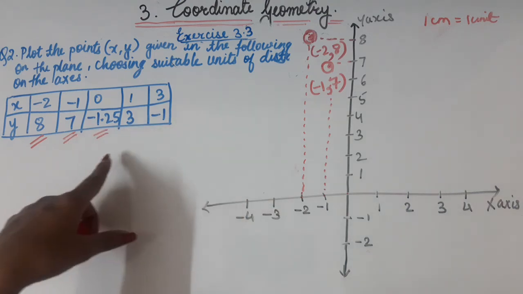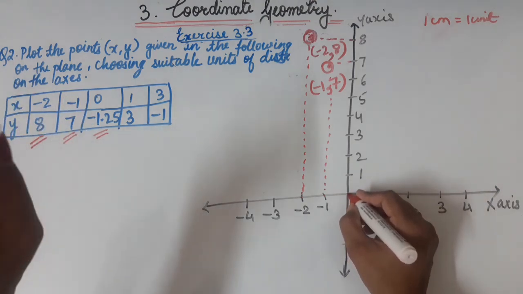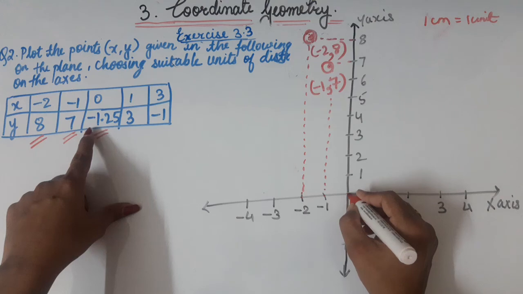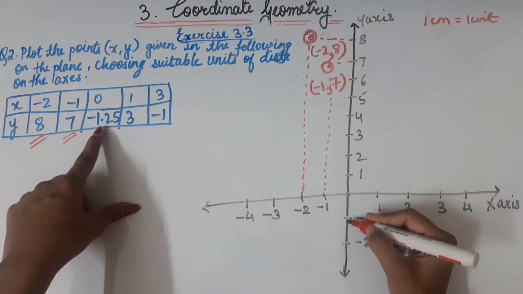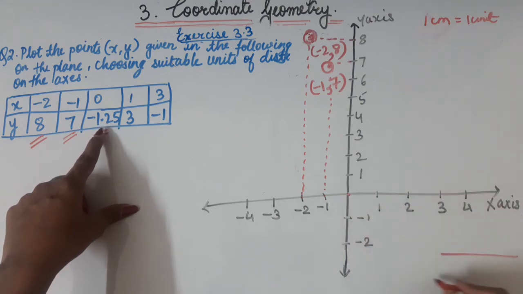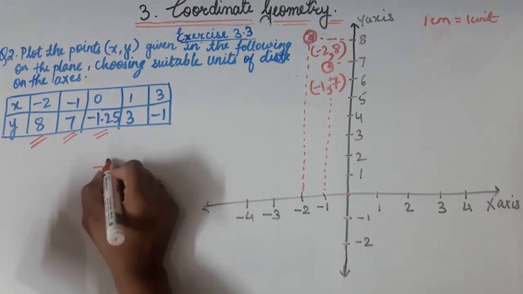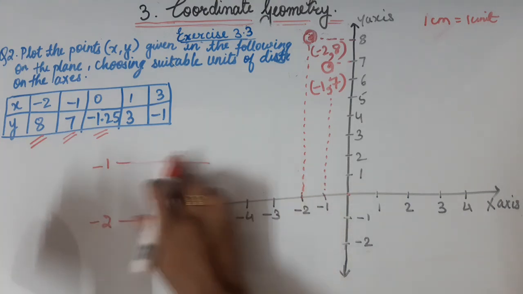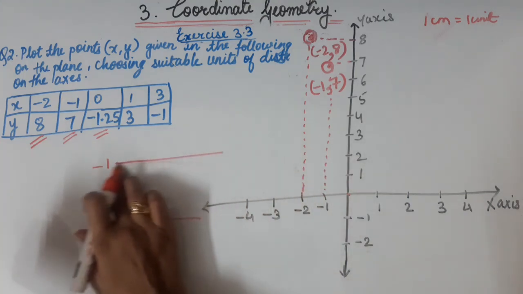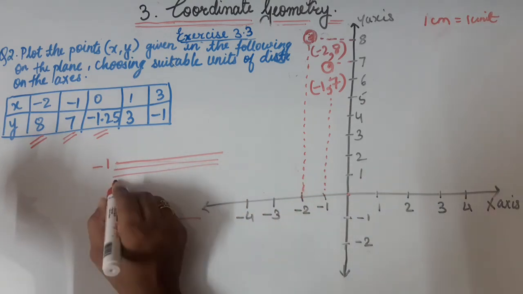Next is (0, -1.25). So 0 means you will stay there, and minus 1.25, so you will go down. Now let us zoom in on the part between minus 1 and minus 2. In this there are 10 divisions.